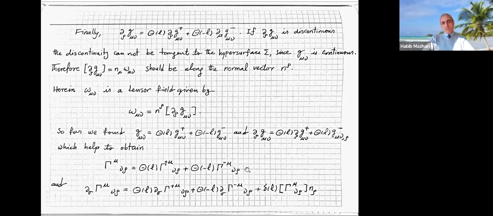Actually, it is obtained because we know how to write it, and on purpose we avoided the delta term. So the Christoffel symbol also became simply theta L gamma plus, theta minus and gamma minus. Now, we don't know whether the Christoffel symbol is continuous or not. Actually, we have no reason to say it is not discontinuous. So then we take its derivative to see what is happening.